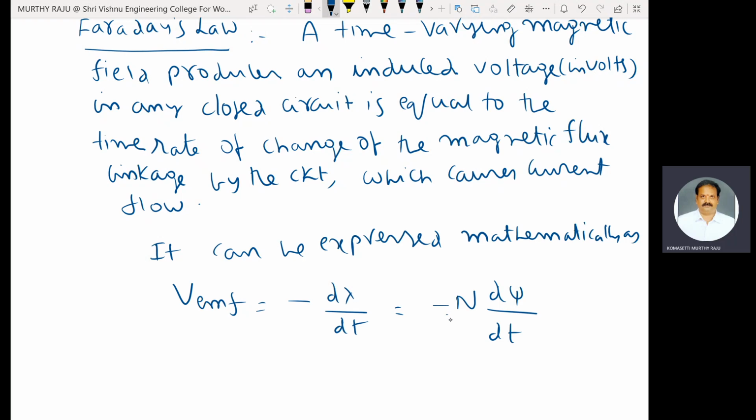Here the negative sign shows that the induced voltage V_EMF acts in such a way as to oppose the flux producing it.